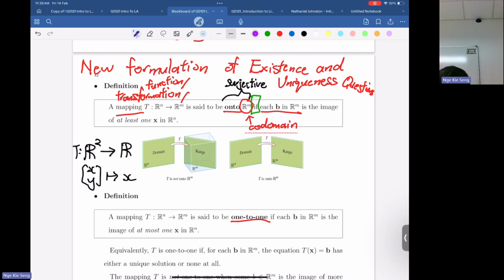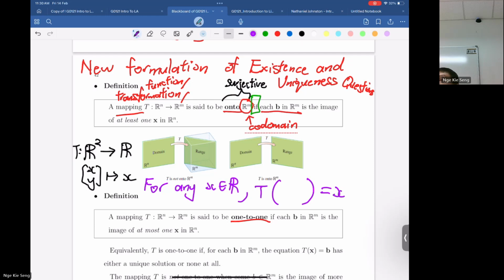For any x in R, what choice can you make that gets sent to x under this mapping? What vector can you pick here?